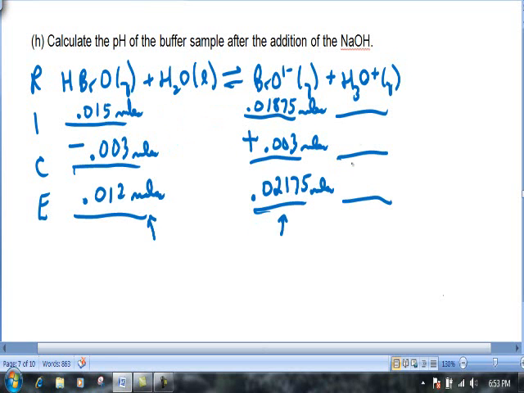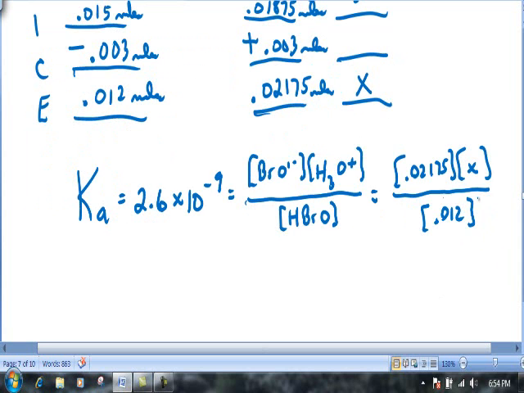The amount of hydronium will be X. As the hydronium gets established, once the equilibrium is done shifting, it needs to be X to just let it be equal to the equilibrium constant once everything's done shifting. We can now take our equilibrium quantities, put them into the Ka expression, and X will give us our hydronium concentration once equilibrium has been reestablished subsequent to the addition of the sodium hydroxide.